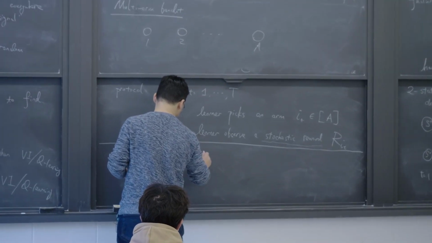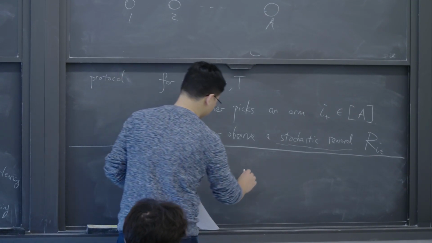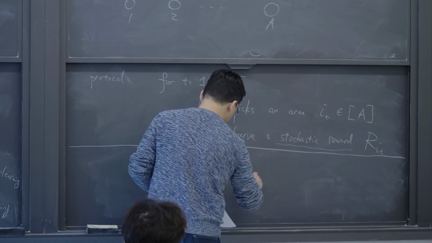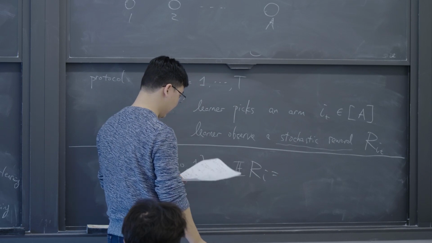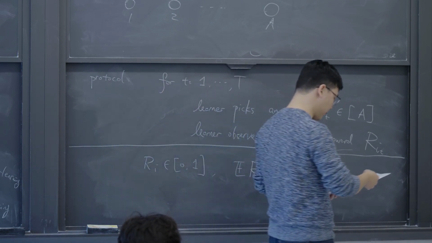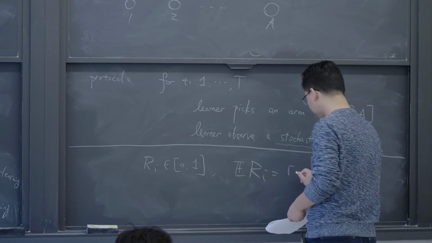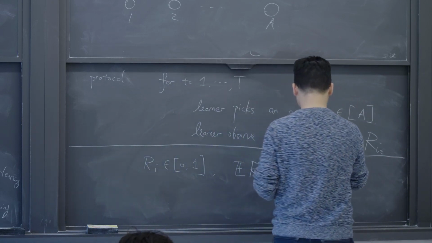That is, the stochastic reward is always bounded in 0 to 1. And we have an expected reward: the expectation of R_i, the random reward I receive for the i-th arm, is equal to mu_i. This is the expected reward.